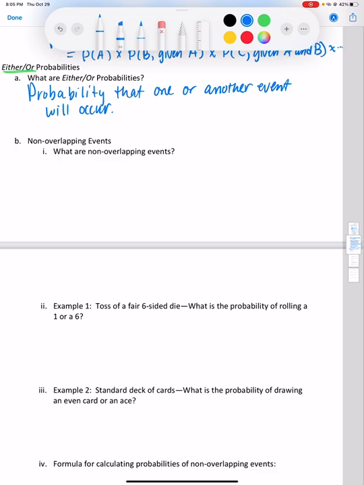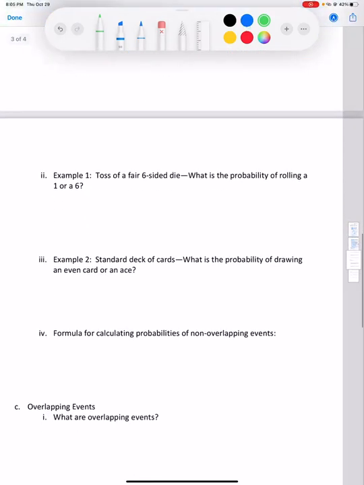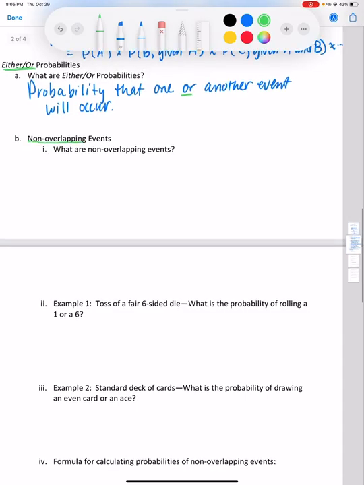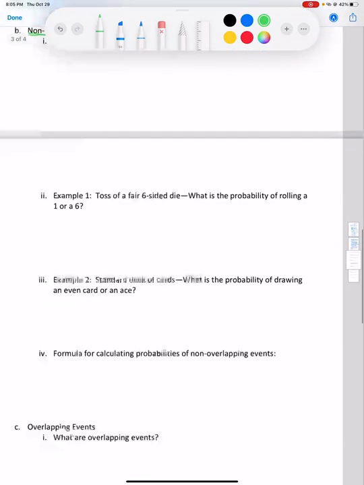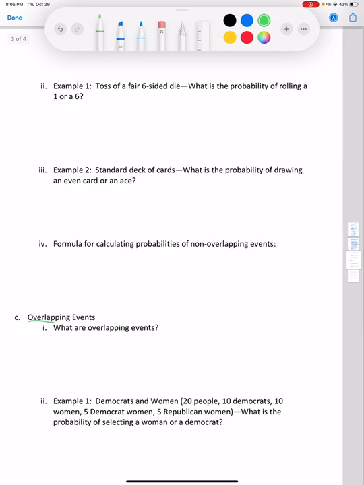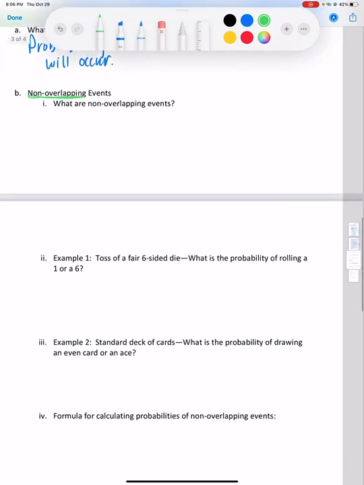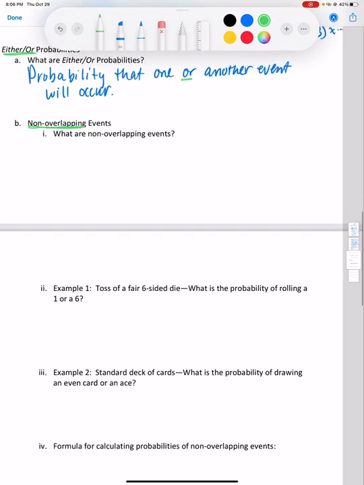Now, in either-or probabilities, the word "or" is key there, we have non-overlapping events and overlapping events. Okay, so what are non-overlapping events? They are events that cannot occur together.